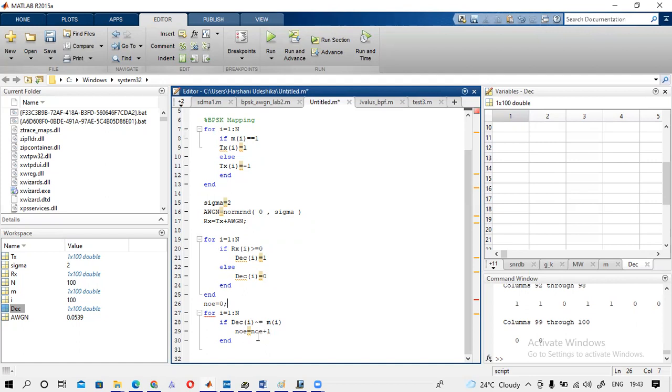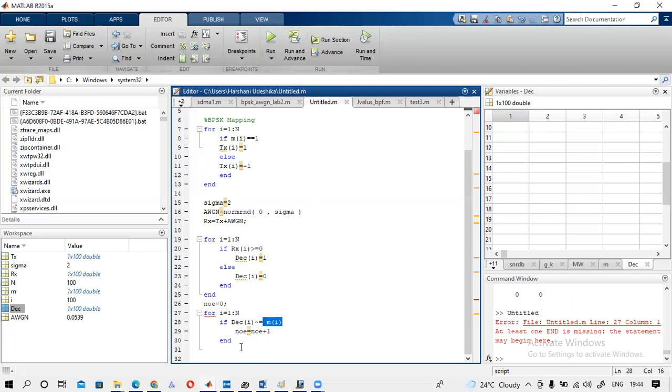Now the number of bit errors is 2. Likewise, it will compare all the corresponding elements of the decoded bit array and the message bit array. If there is a mismatch, it is increased by 1. So you can calculate the number of errors like this, correct?